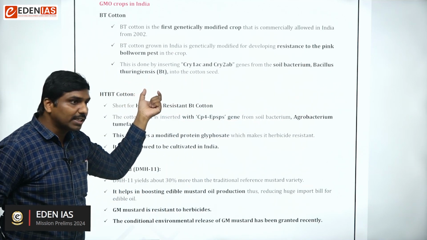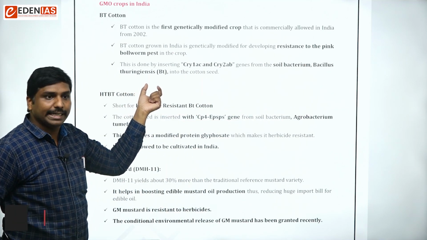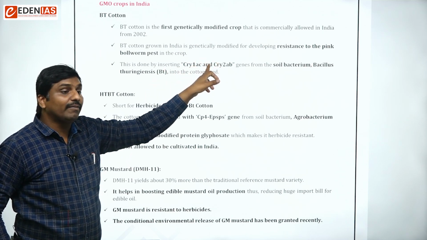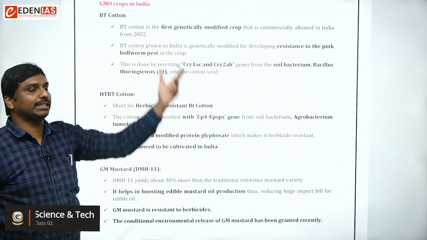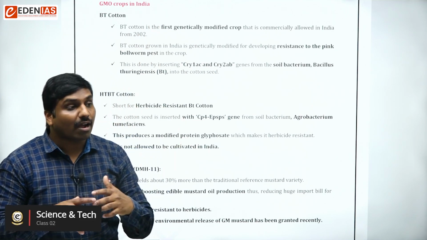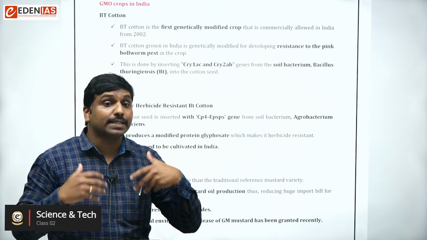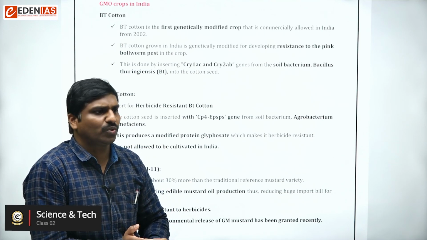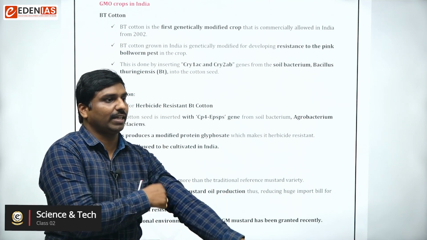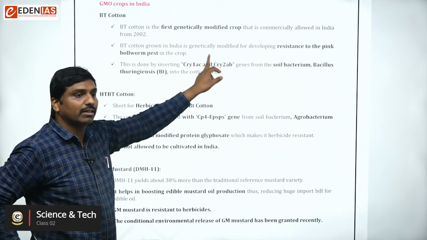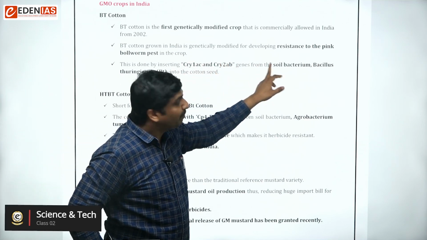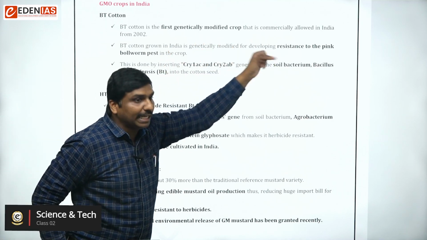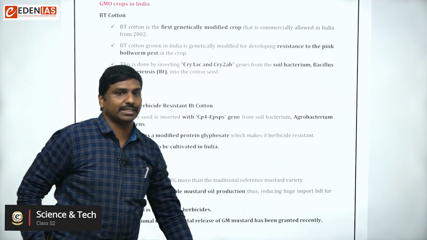From this soil bacterium, we have segregated these genes and introduced them into the cotton seed. So the cotton seed has developed resistance to the pink bollworm. That was the result we got. So remember CRY1AC, CRY2AB, remember the soil bacterium Bacillus thuringiensis, and remember pink bollworm, and that's the answer.